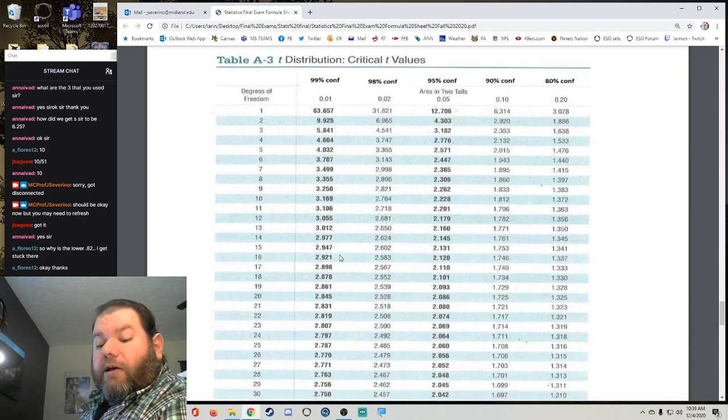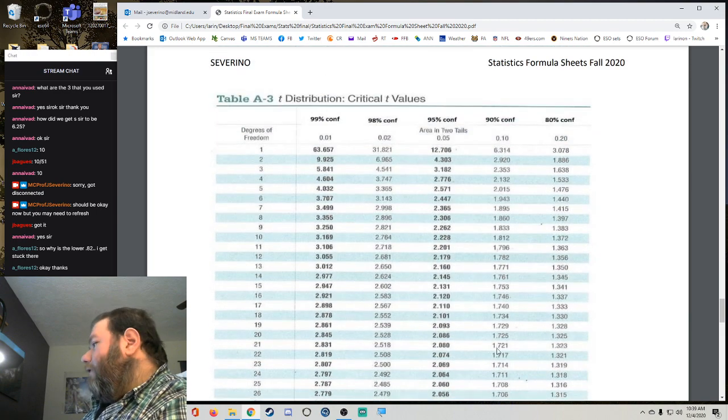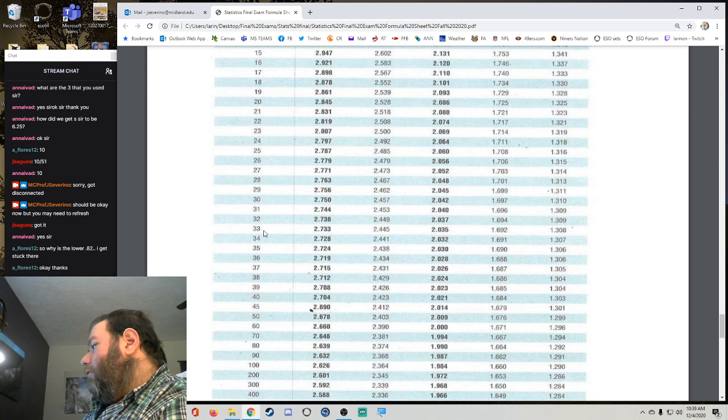Now we said N or DF, degrees of freedom, is 35, which is right here. And we want 95% confidence. 95% confidence is this middle column. So we come down to 35 and across.